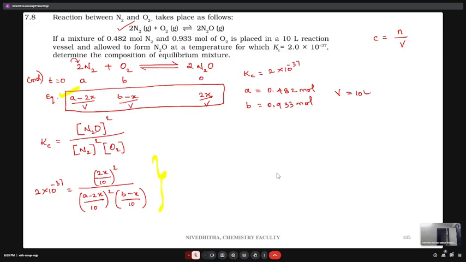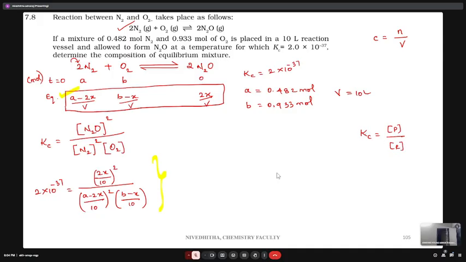What is the value of Kc? It is 2 into 10 power minus 37. Is it a small value or large value? Very small value. So what does it mean? Kc is the concentration of product divided by reactant.